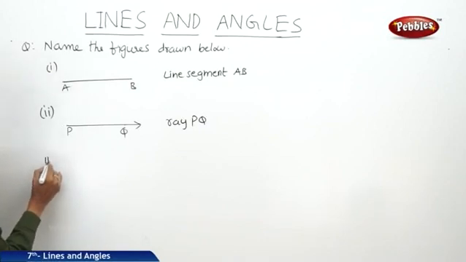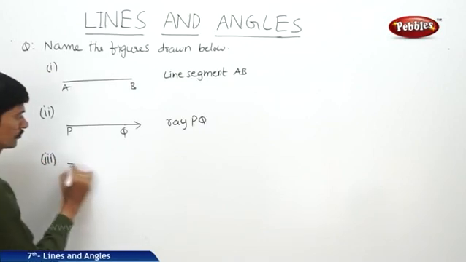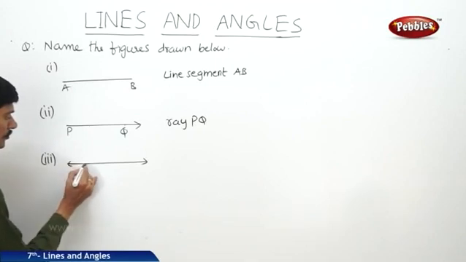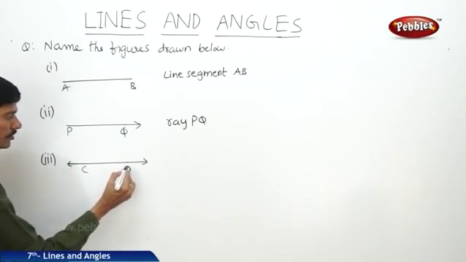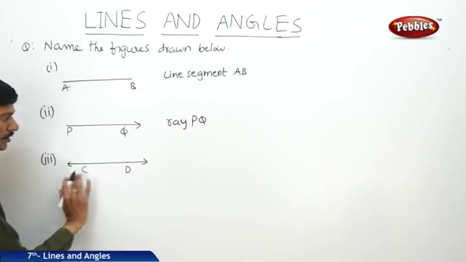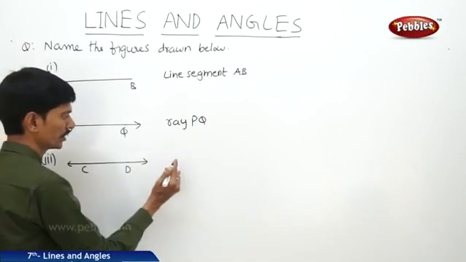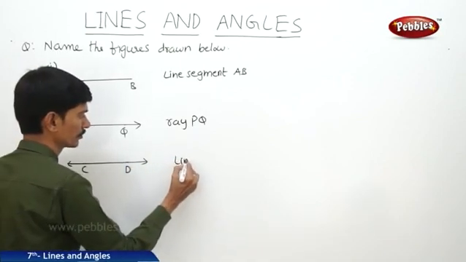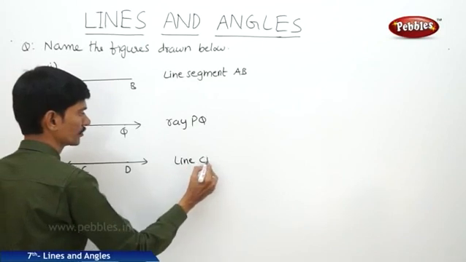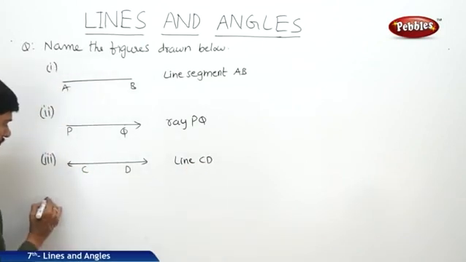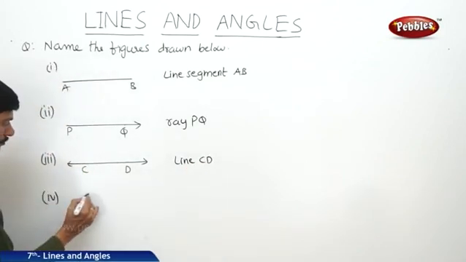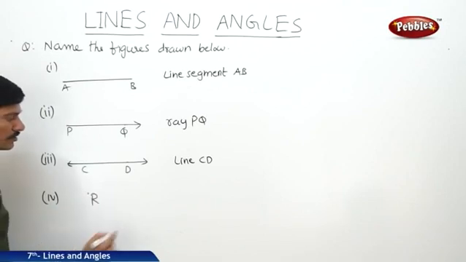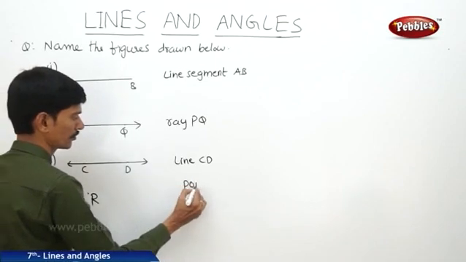And the third one, now it has no endpoints and it can be extended in either direction, so it is said to be a line CD. Now this is a point R.